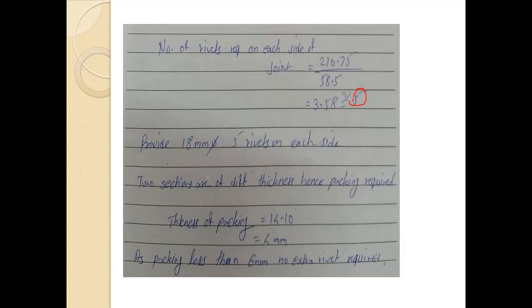So the two sections also are of different thickness, as I told you earlier, so we have to provide the packing. So the thickness of packing is 14 minus 10, that is 4 mm. So packing is less than 6 mm. There is a clause in the IS code: if the packing is more than 6 mm, we need to provide extra rivets. So here the packing is less than 6 mm, so no extra rivet is required.